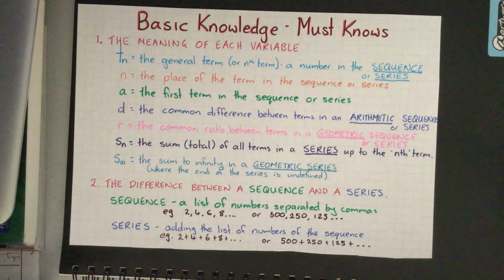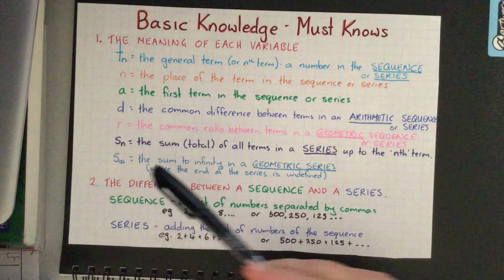The R refers to the common ratio, which only appears in a geometric sequence or series, and that is the difference between terms in that particular sequence, and it's always shown through multiplication. The difference is shown through addition or subtraction, but we'll get into that with must-know number 3.